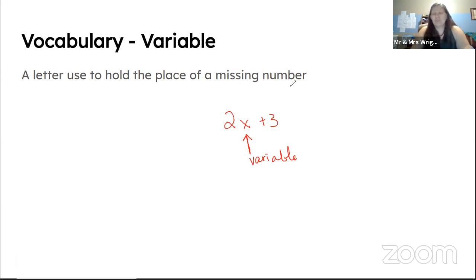Usually some variables are avoided, like r, which usually means radius, or d, which means diameter, or e for Euclid's number. The most common variable you're going to see is x, and then y, and then there's a variation of other ones as well. N is a common one.